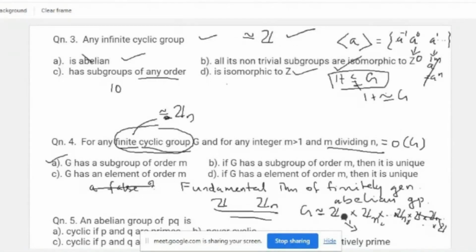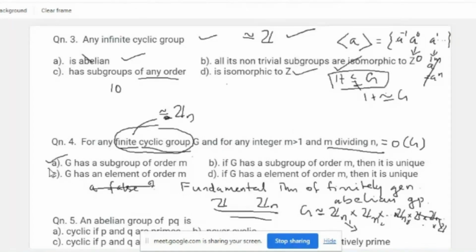If the order of G is n1 into n2 into etc. nr, any divisor of the order of G can be written as a product p1 into etc. pr, where p1 divides n1, p2 divides n2, and so on, pr divides nr. And you can find elements of that order in the respective groups and form a subgroup of order m.